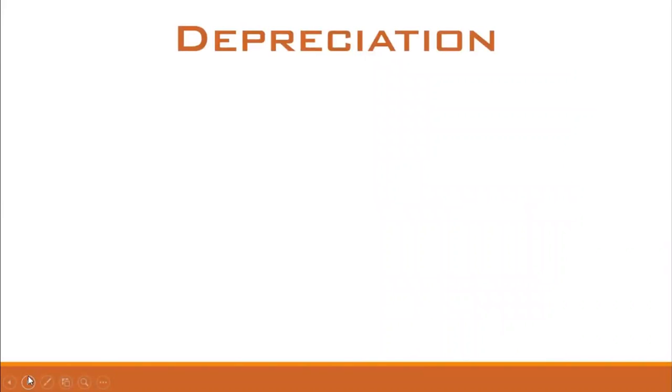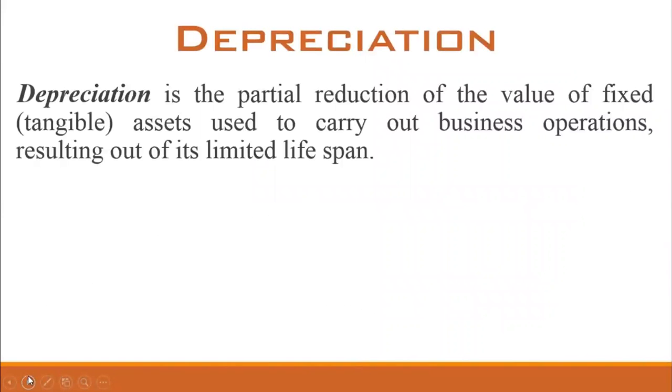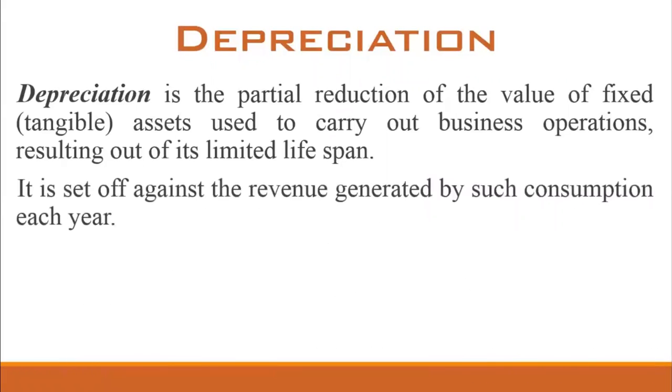We said last time that depreciation is the partial reduction of the value of fixed or tangible assets, the ones we can touch, like laptops and cars. Those are the assets used to carry out business operations, resulting from their limited lifespan, and it is set off against the revenue generated by such consumption each year.